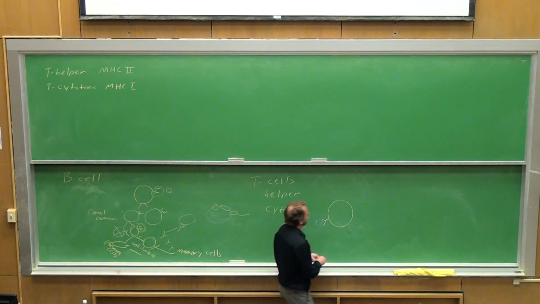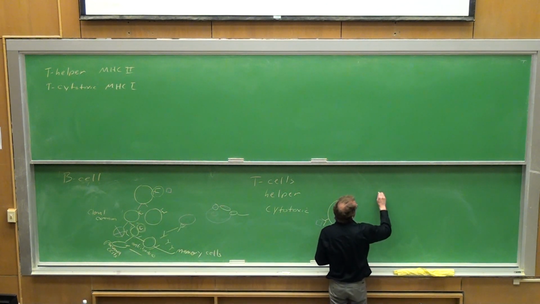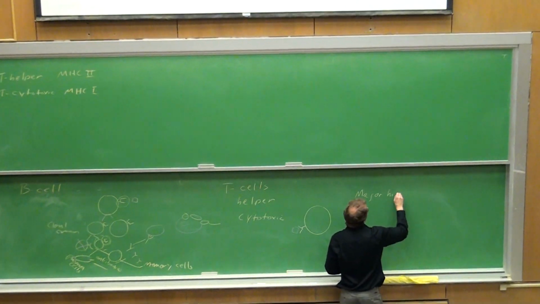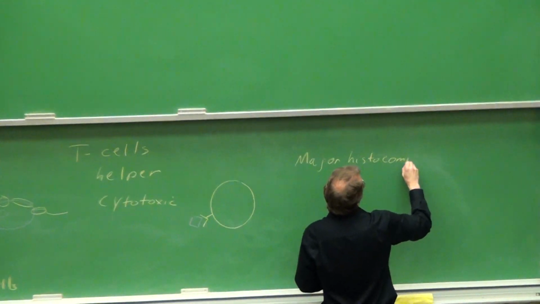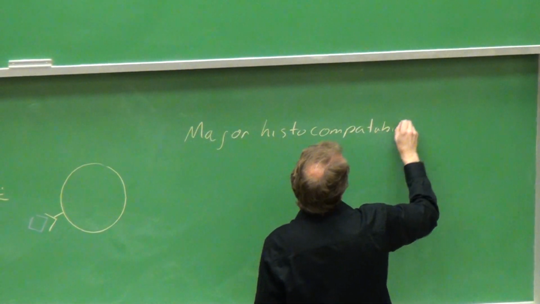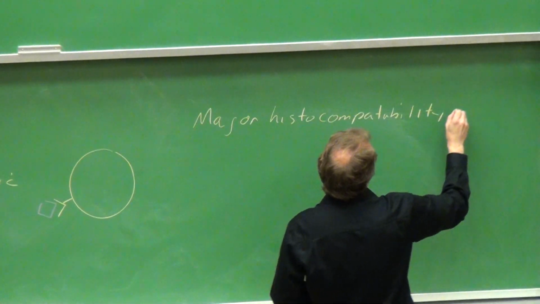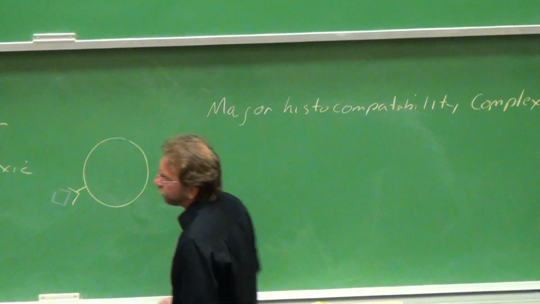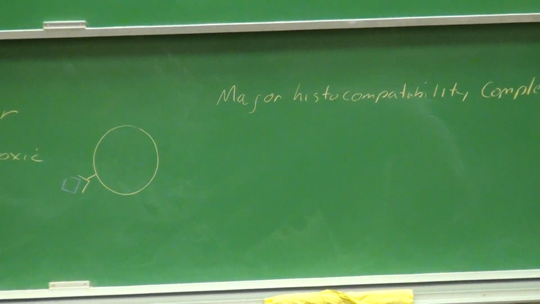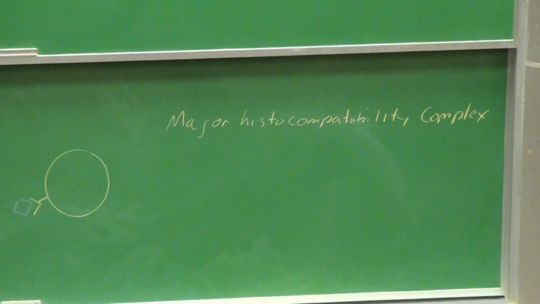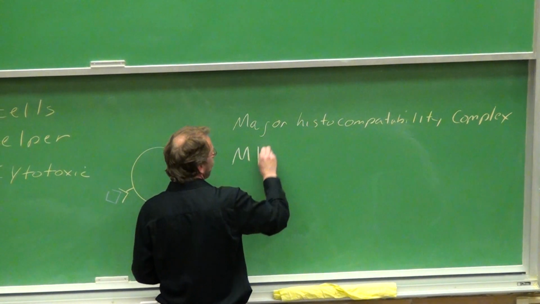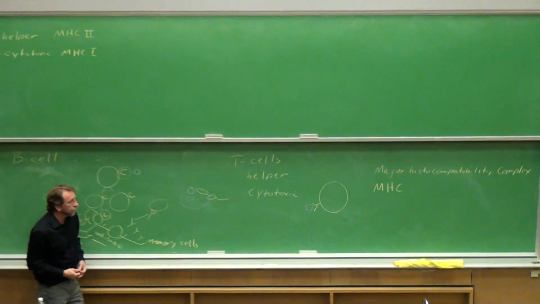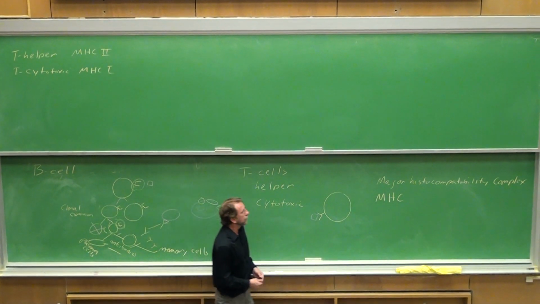We also mentioned, and I wrote this up there, that they recognize major histocompatibility complex molecules. That's the last time I'm going to say it. From now on, we're just going to say MHC. MHC molecules are found on the surface of almost all cells.